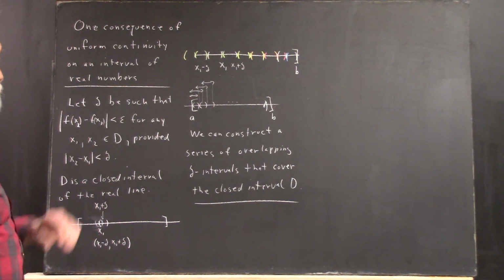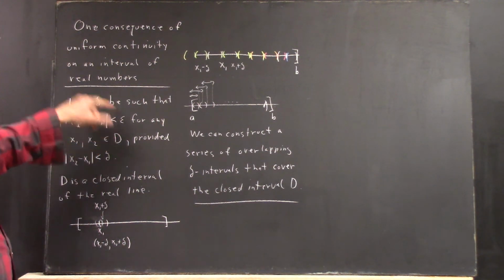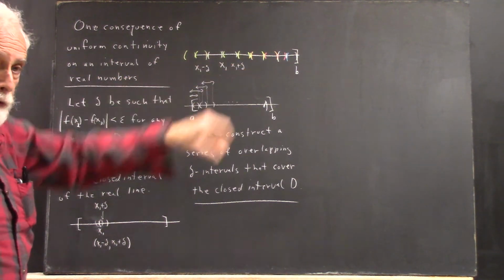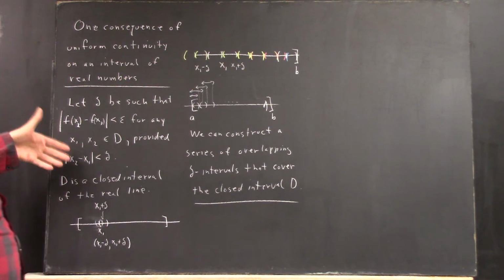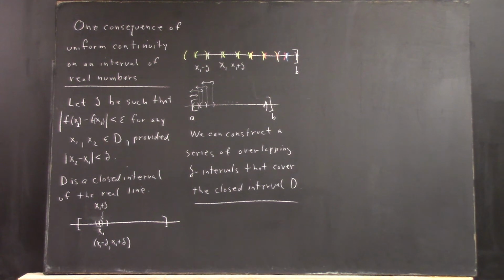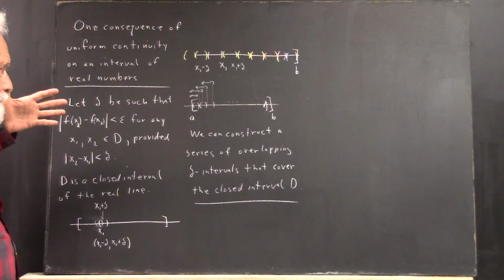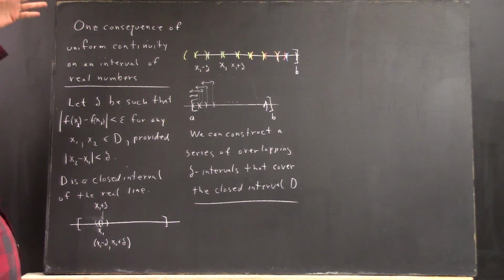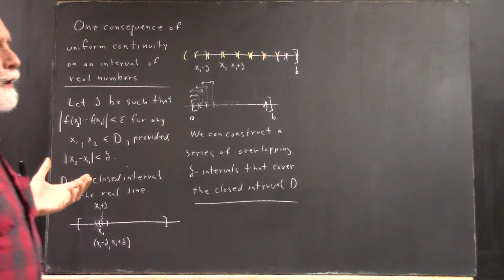And this can be done for any epsilon. I can find a delta, so I can construct a series of delta intervals. So, again, this is a consequence of uniform continuity.